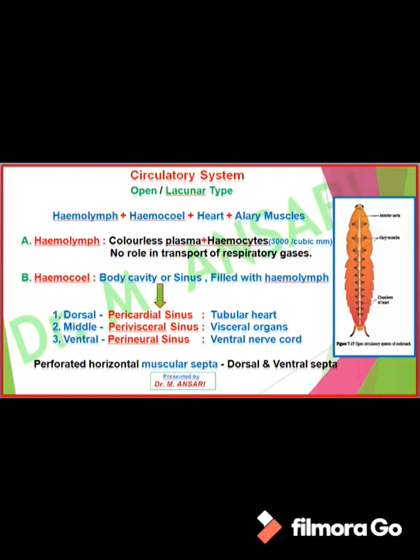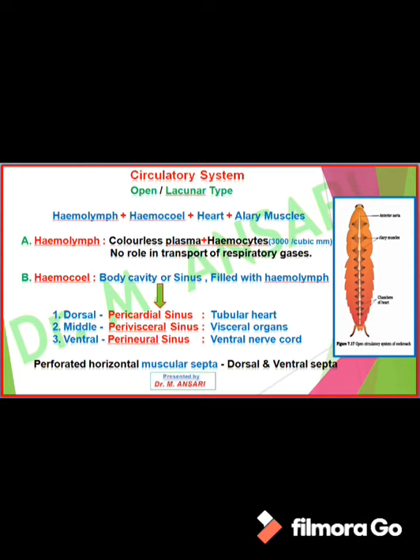This body cavity is filled with hemolymph. The body cavity or hemocoel is divided into 3 sinuses: dorsal sinus, middle sinus and ventral sinus. Dorsal sinus is called pericardial sinus because of the presence of the tubular heart in it. Middle sinus is called perivisceral sinus because of the presence of visceral organs in it.